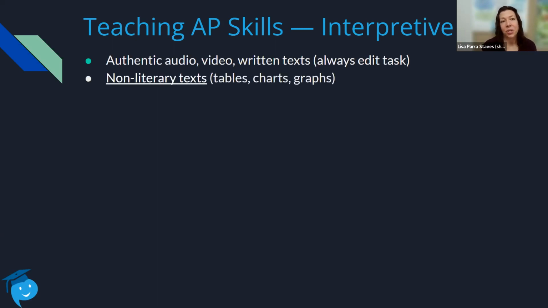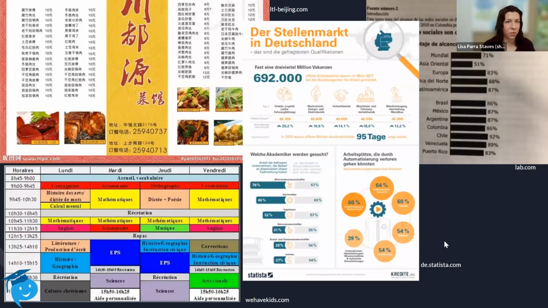Also, like Grant had mentioned, non-literary texts, charts, tables, graphs. Here's an example of some of those. We've got a menu, infographics, a school schedule, any sort of information that's not a narrative, not like our stereotypical article.